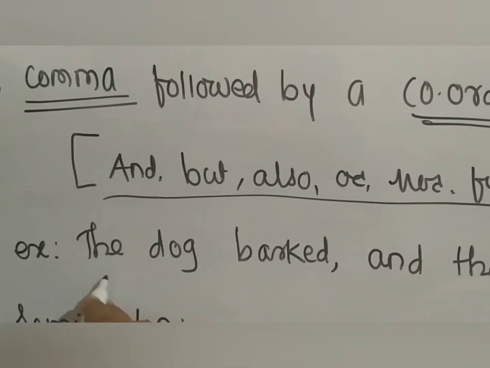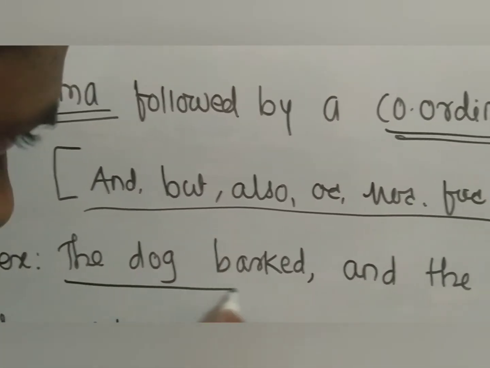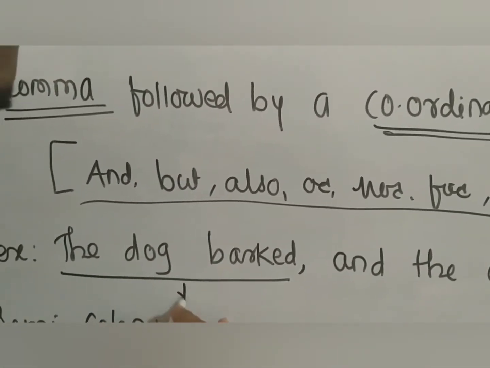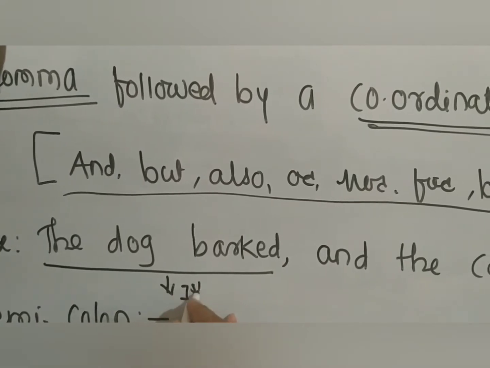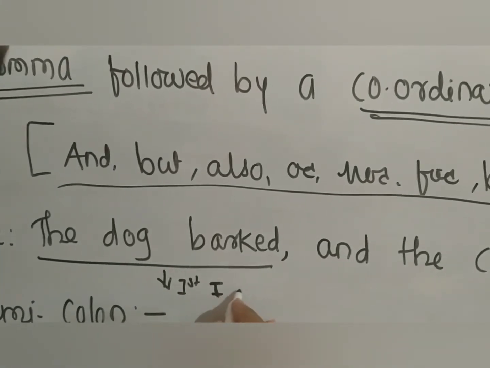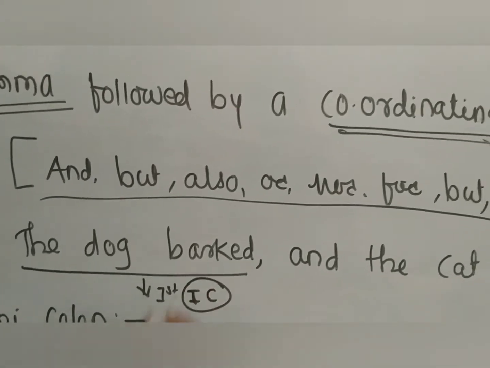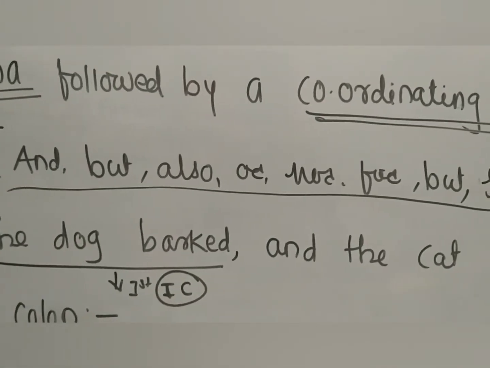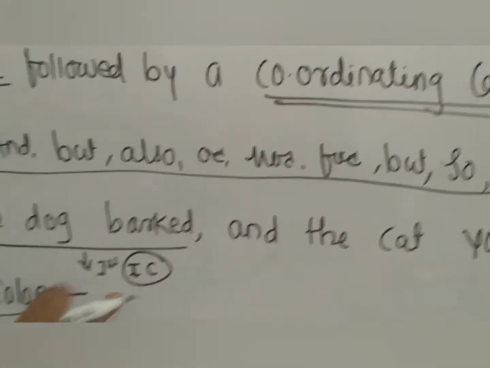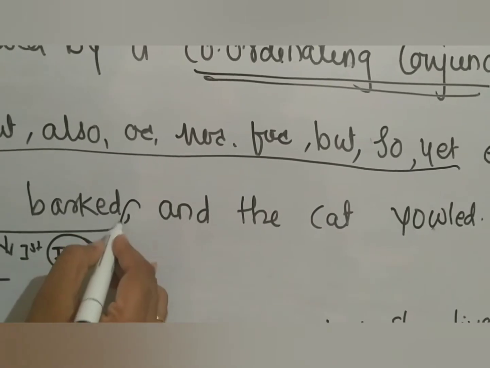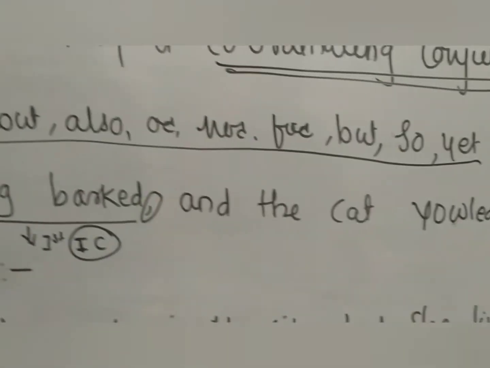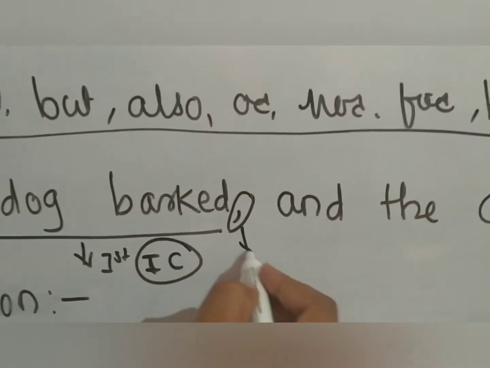Now see, the dog barked. This is the first independent clause. We can write it as IC, independent clause. Then there is one symbol we use, which we call a comma.